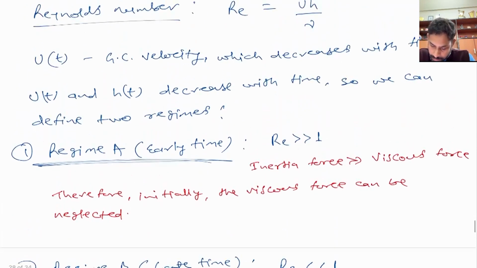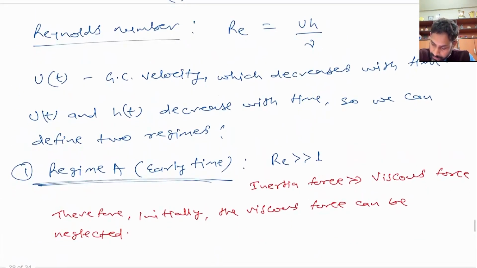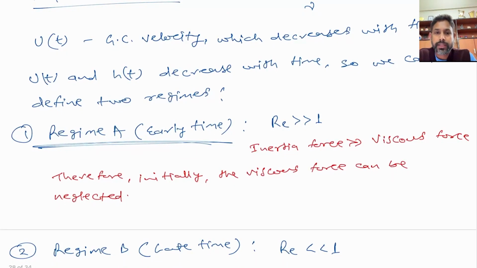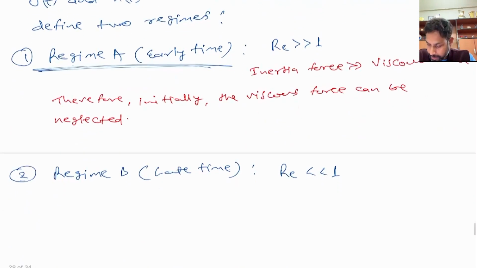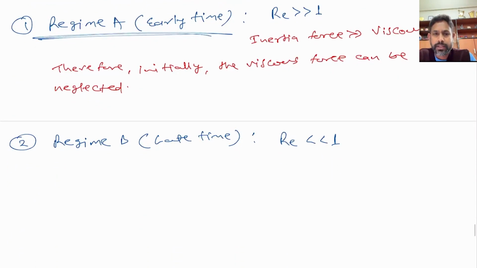Okay, so in early time we have a Reynolds number much greater than 1 when velocity is large, height is large. At later time when velocity has decreased, it has become much smaller, and also your height has become much smaller. In that case your Reynolds number is very small.